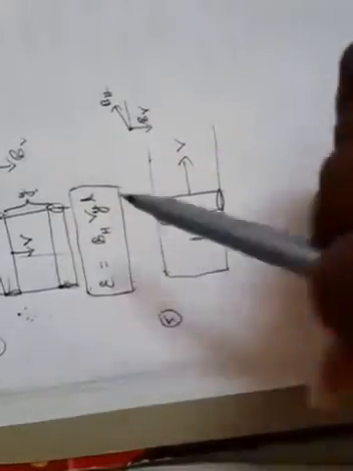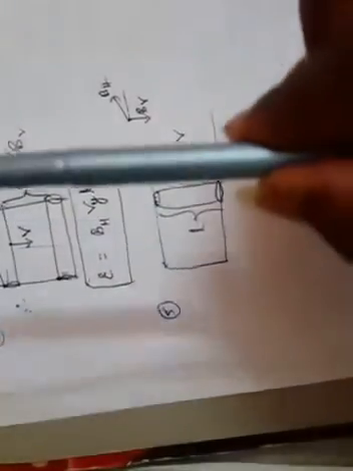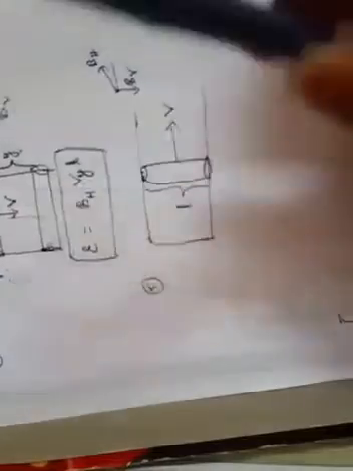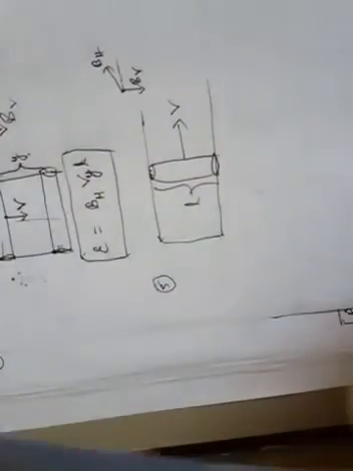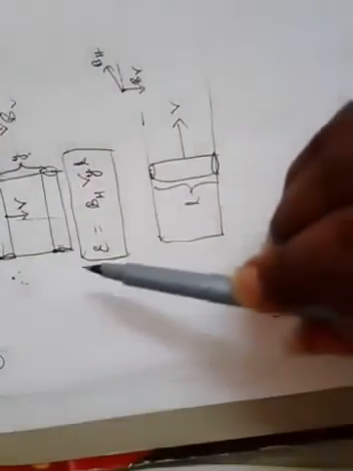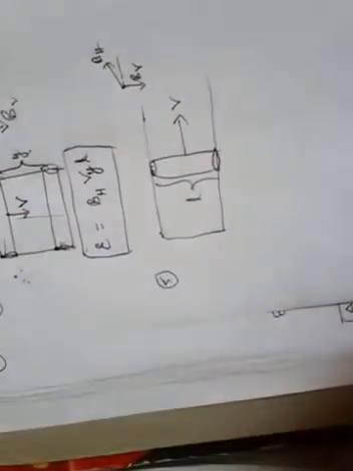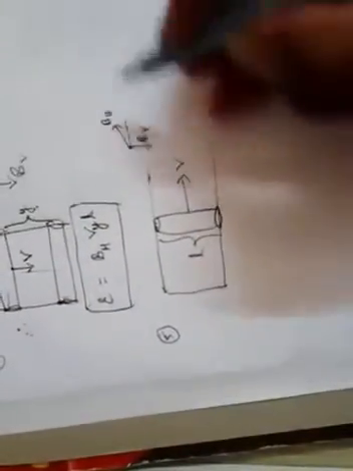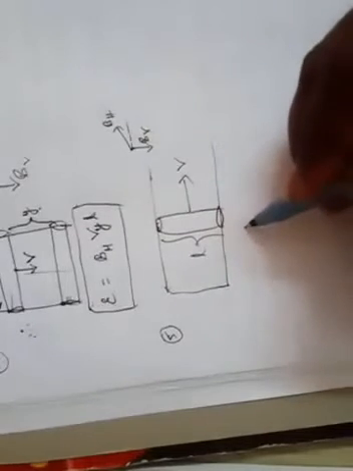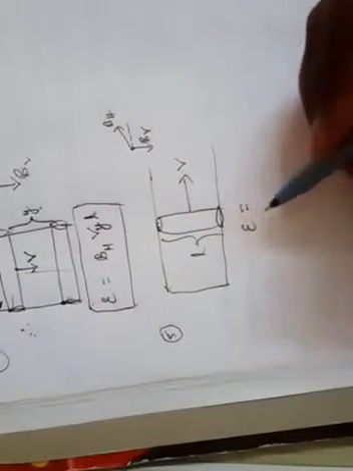The vertical component BV is vertically downwards, and this is the direction of the velocity vector. So while it is moving in this direction, this conductor will cut the vertical component of the earth's field.